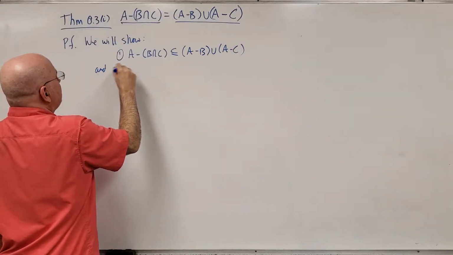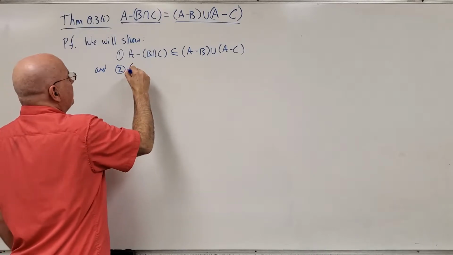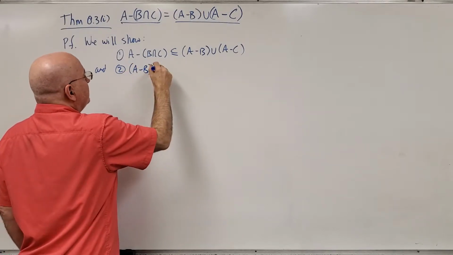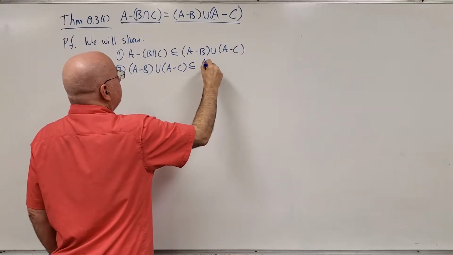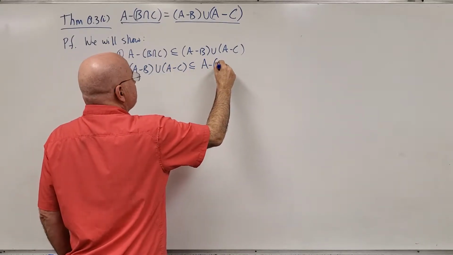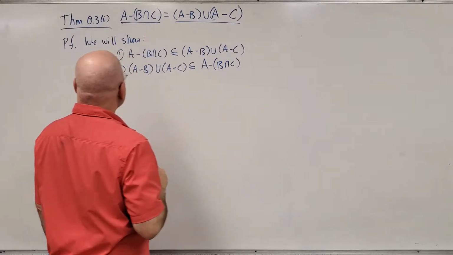And we have to do it the other direction as well. We have to show that A minus B union A minus C is a subset of A minus, in parentheses, B intersection C.